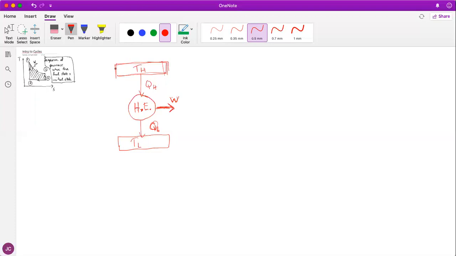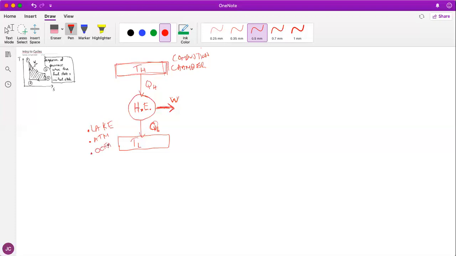This thing is not just something metaphysical. This is actually something real. You could call it the combustion chamber. And this thing over here is also pretty real, which could be a lake, like for nuclear reactors, or maybe the atmosphere, or maybe the ocean.